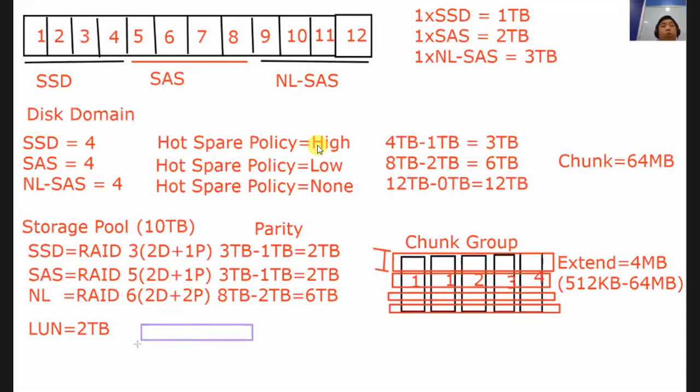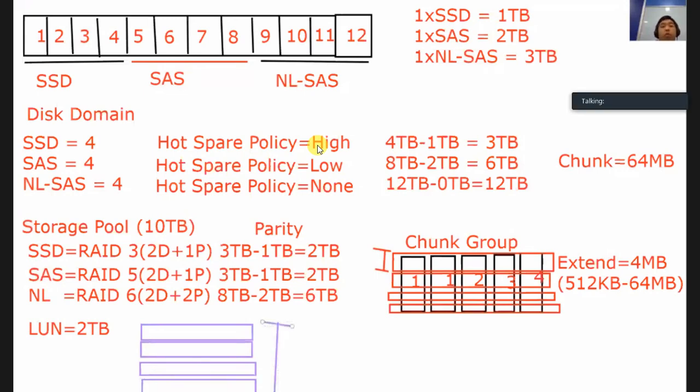What they will do is stack the extents like this, 4 megabyte, 4 megabyte, 4 megabyte, until the whole stack reaches 2 terabyte in size. So that's how they form the LUN for you.